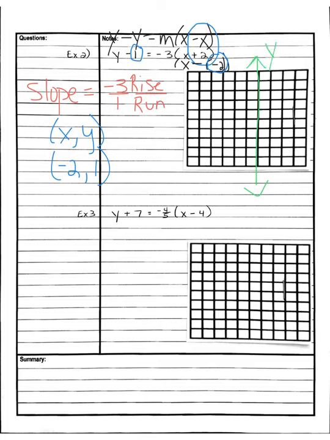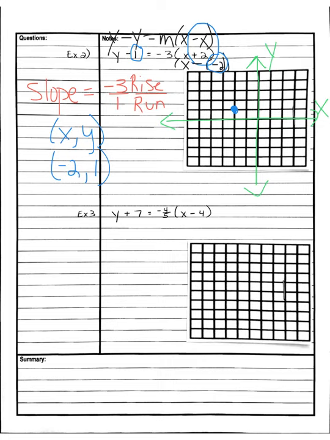I have my y-axis, my x-axis. I'm going to start by graphing the ordered pair over to -2, up 1. And now we need to look at our slope.